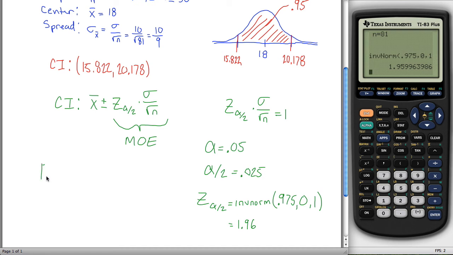I know that 1.96 times sigma, which it told me was 10, divided by the square root of n has to be equal to 1. In other words, 19.6 divided by the square root of n has to be equal to 1.